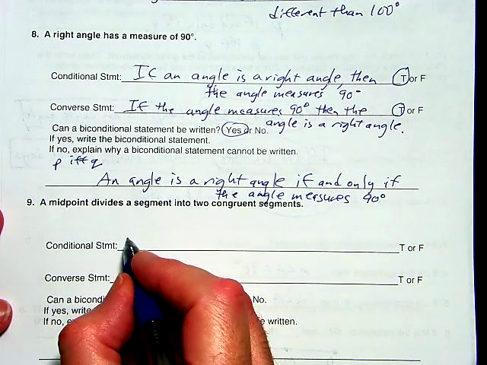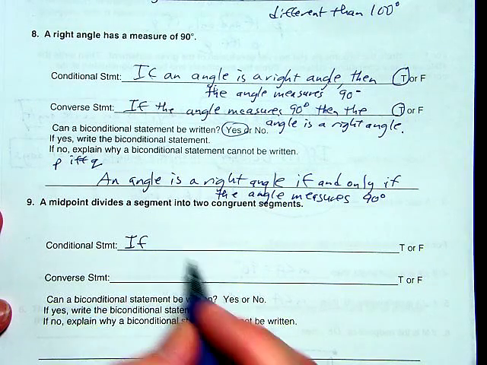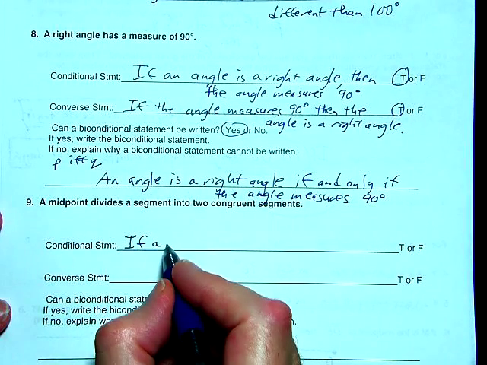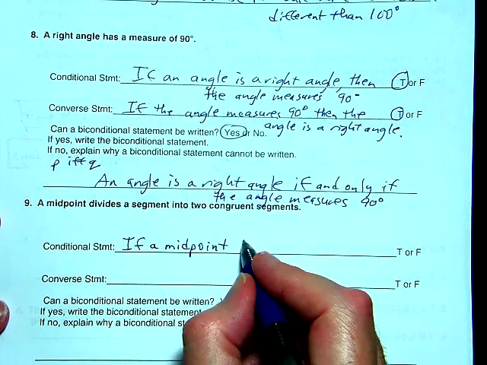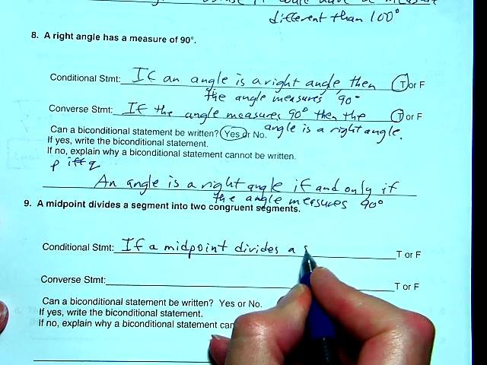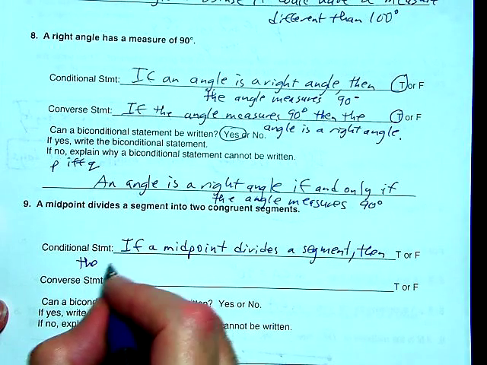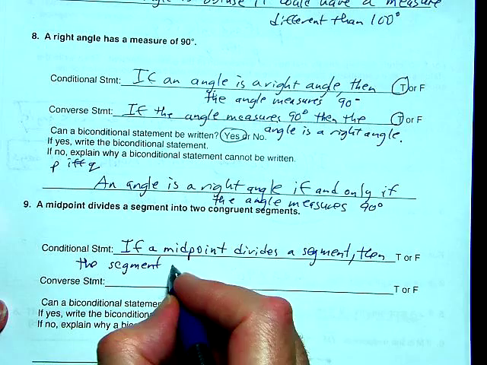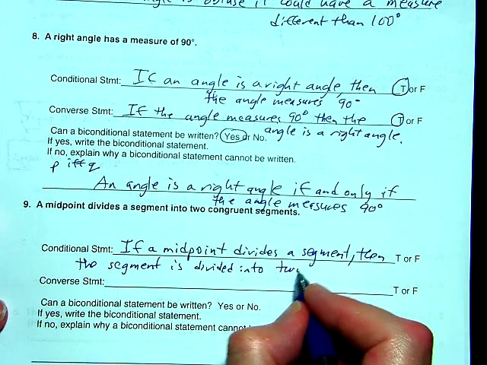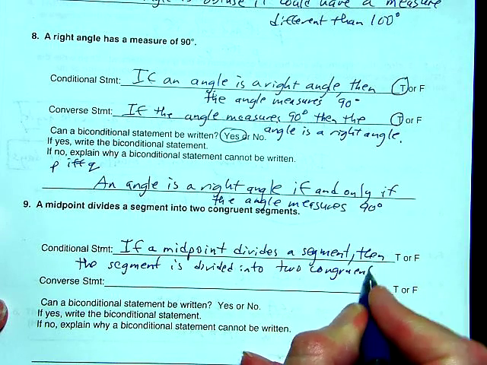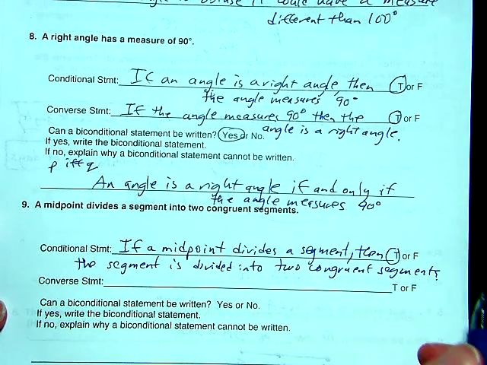Okay, so the conditional statement would be if a midpoint divides a segment, then the segment is divided into two congruent segments. Is that true? Yes, the definition of the midpoint, right?